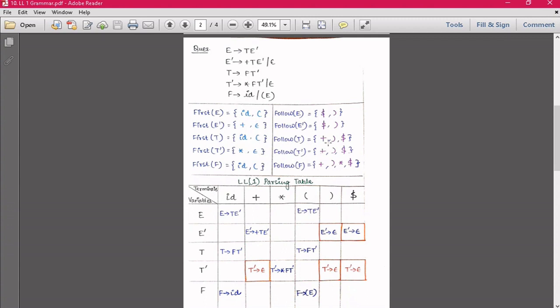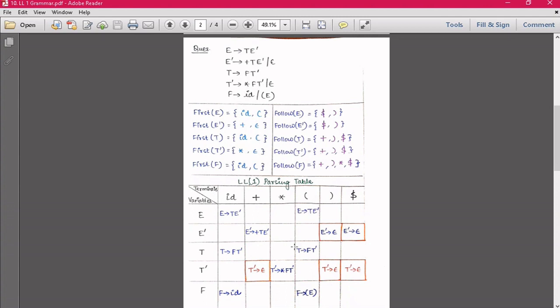So at these two places, dollar and ending bracket, you will put this production of epsilon. And you have to be careful only about the productions which are producing epsilon. There you need to find out the follow of the variable E dash, and wherever that symbol is there, you have to put the production.